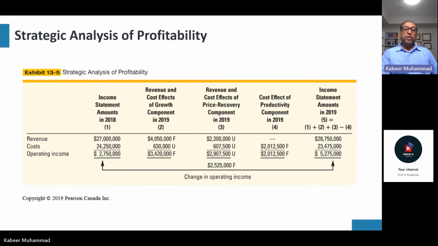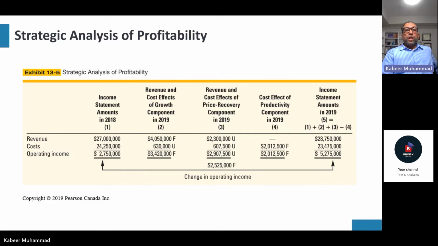Now, this positive change in income can be attributed to different aspects. The first thing we see is the revenue and cost effect of the growth component in 2019. The first one is the revenue effect and the second one is the cost effect. We see the favorable revenue effect and unfavorable cost effect, so the net effect is favorable from the growth perspective.